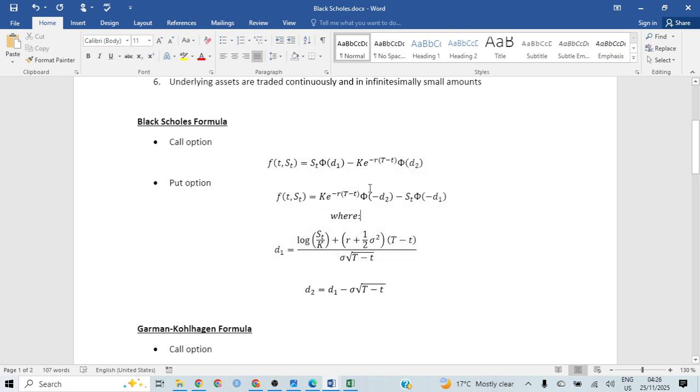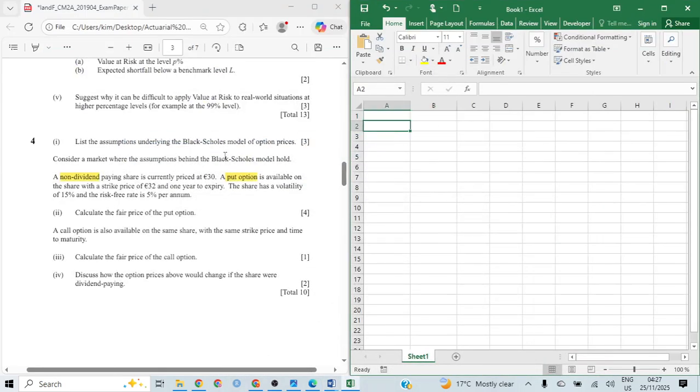So we'll go to Excel, and I will structure it to fit all the data that we've been given. This is how it will look. The first thing, I'll have the share price, then the strike price, time, volatility, and from there the interest rate. I'll just write option here.